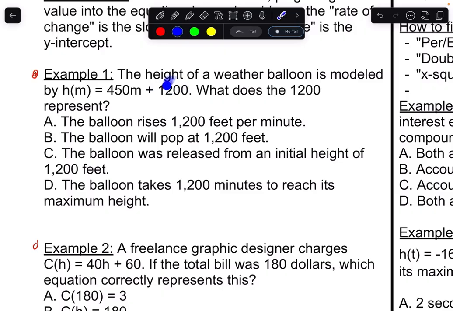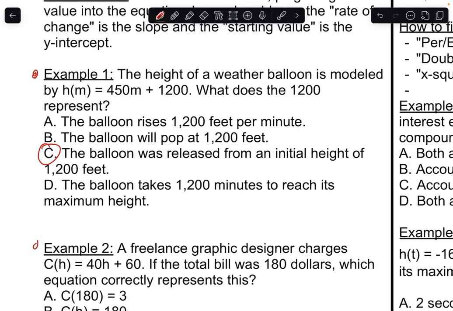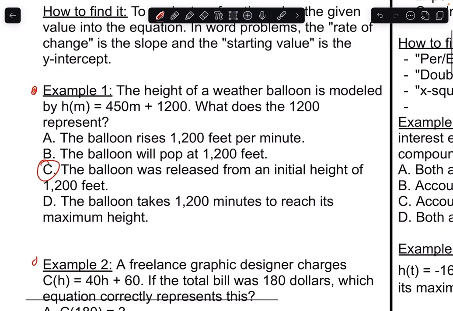That starting amount will be referring to, in these situations, pretty much always, the initial point. So where does it start? It starts at 1200.